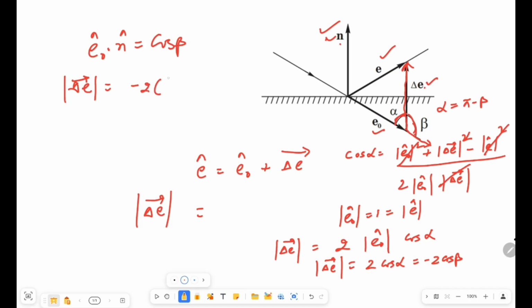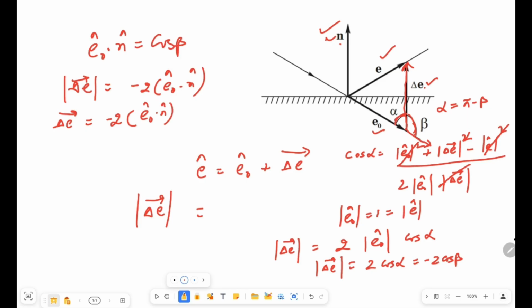In place of cos beta, I can place E naught dot n, and since delta E is a vector itself and its direction is along the unit normal vector, I can write delta E vector equals its magnitude, minus 2 E naught dot n, times n.